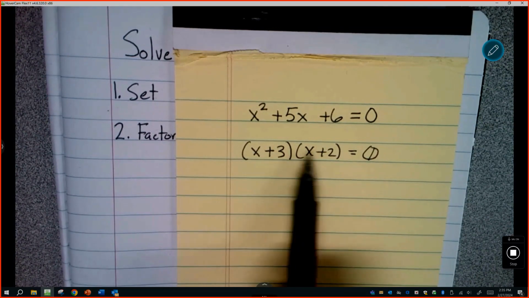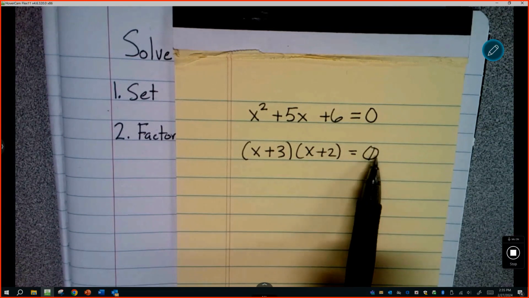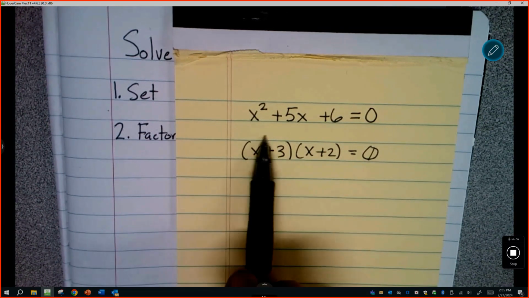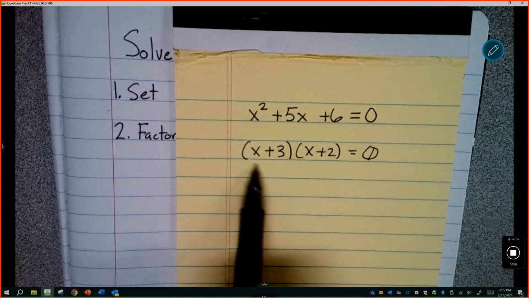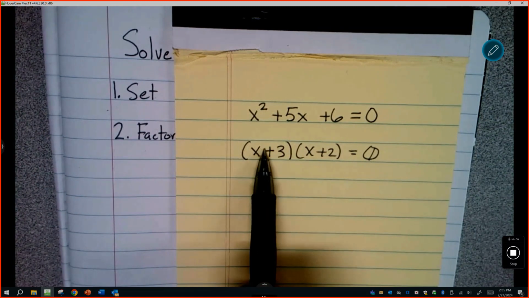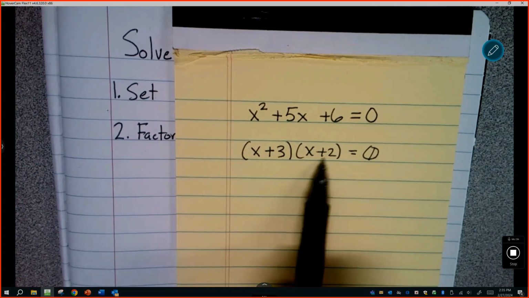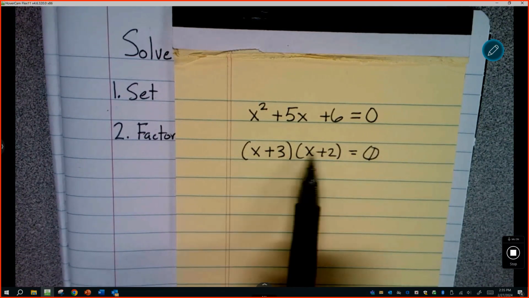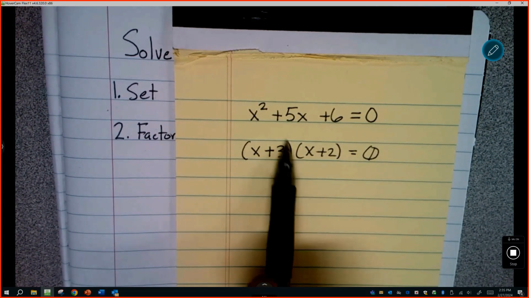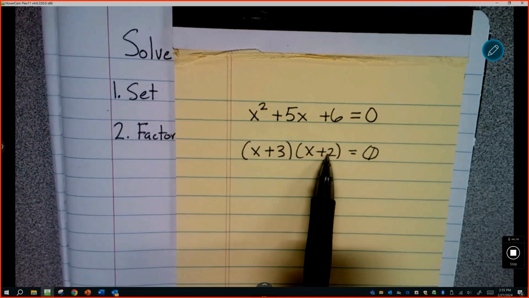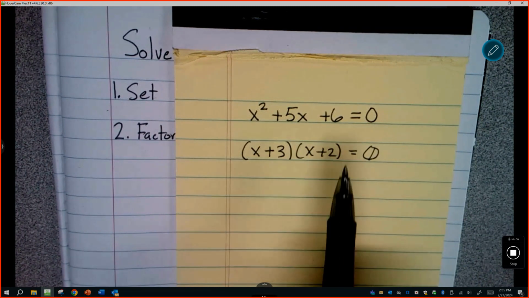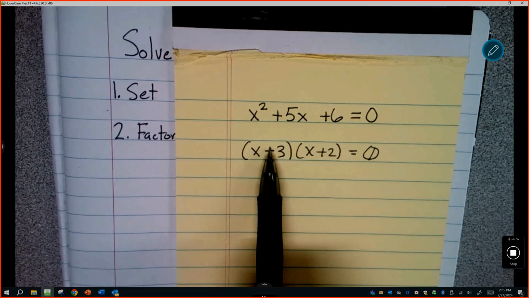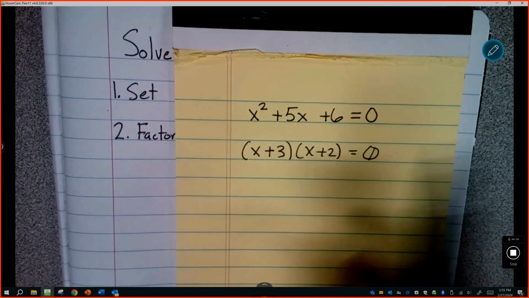And when we have two things multiplying with each other and they need to equal 0, it only takes one of these two pieces being equal to 0 for the whole thing to equal 0, because anything times 0 is equal to 0. So if this first piece equals 0, it's going to multiply, and now the whole thing is 0. Or if this second piece equals 0, it'll multiply, and then this whole thing will equal 0.